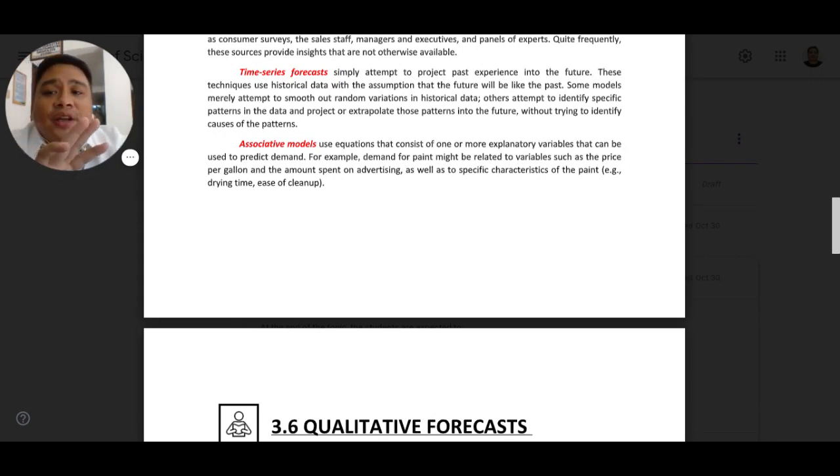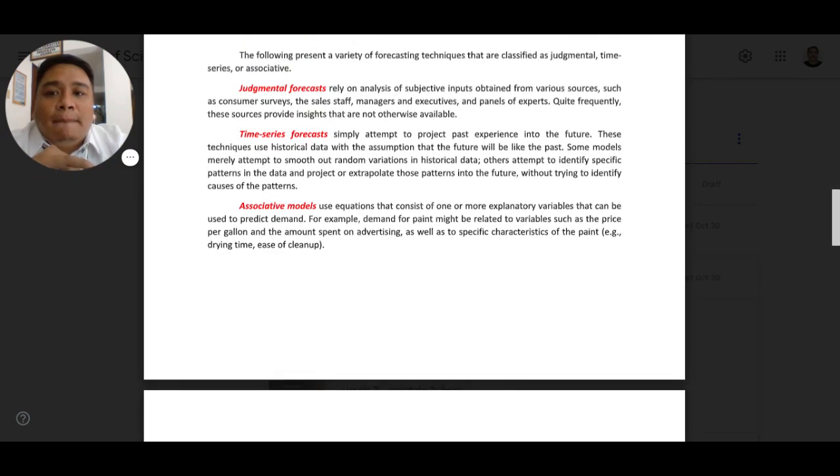So there are three varieties of forecasts. Judgmental forecasts, based on personal opinion. Time series forecast, based on historical data, on past experiences. Associative models, based on used equations.